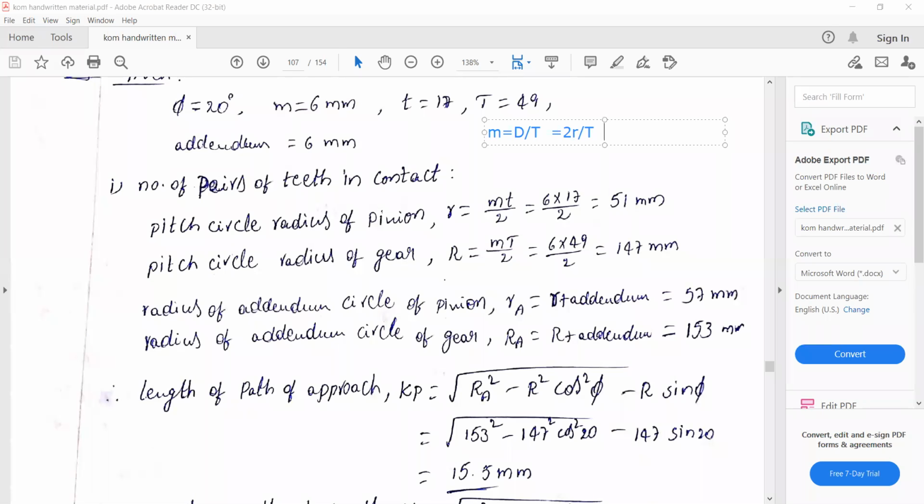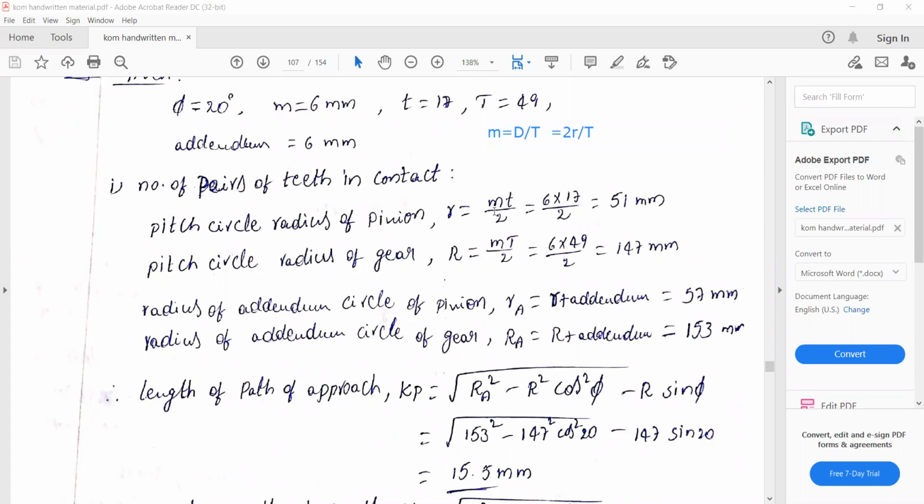So r equals mt by 2. That is the formula taken from the particular equation.